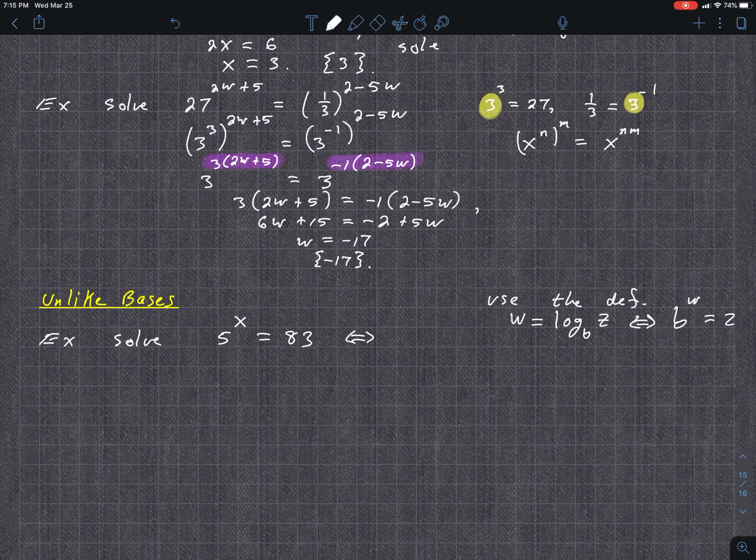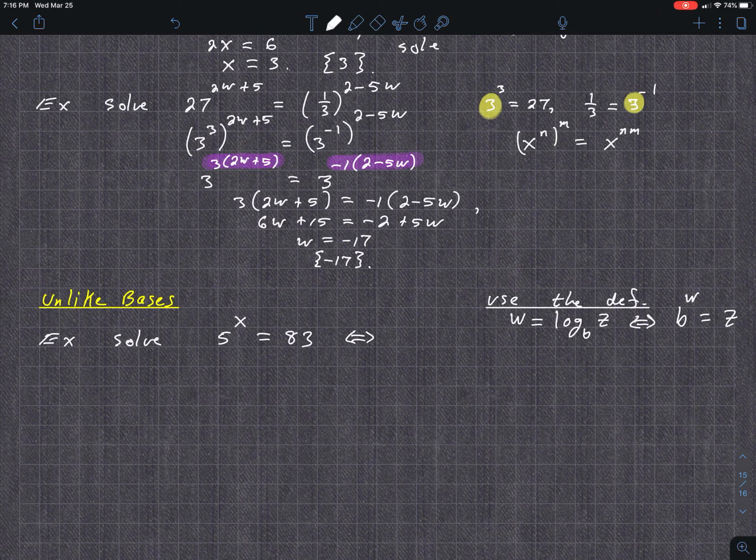Log is the power, so b to the w is equal to z. So that's the definition of the correspondence between a log and an exponential.